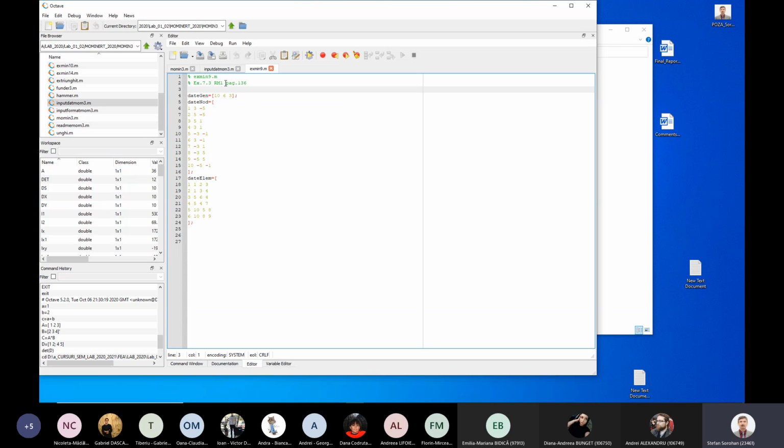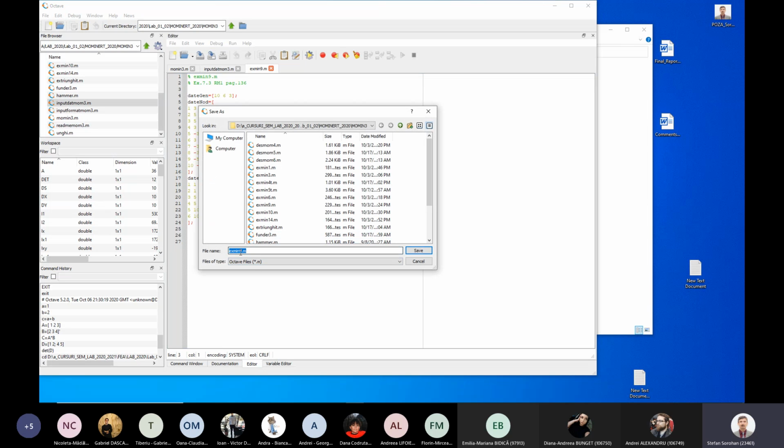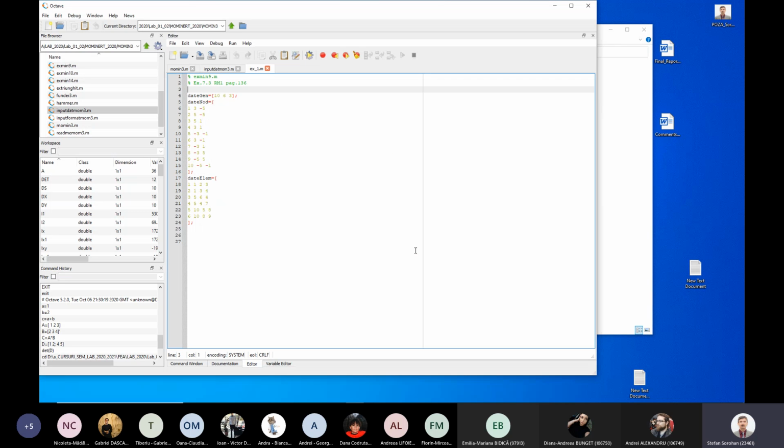Let's keep this file as our file, and you can use Save As, this button here, as x1. x1 is my file. And we can remove this one, and you can put something else, demo1 or test1.